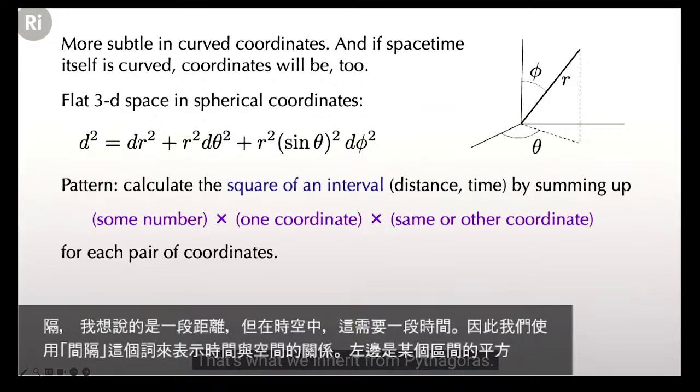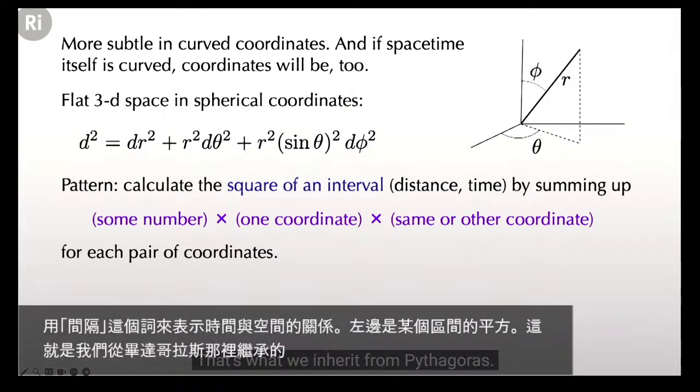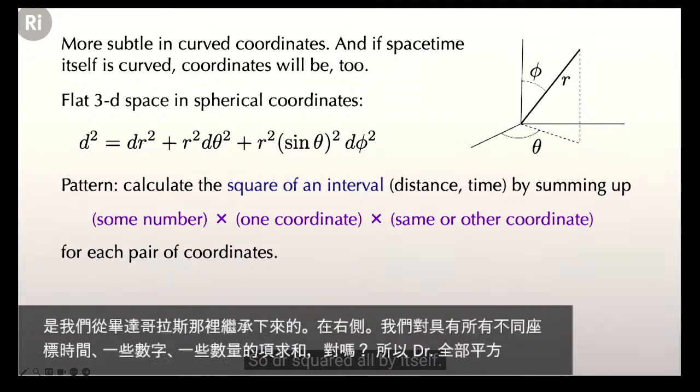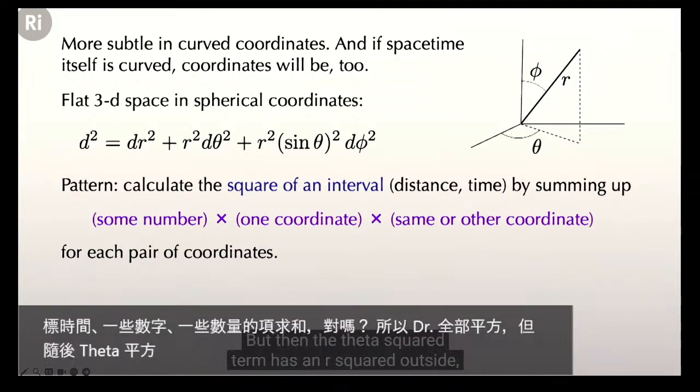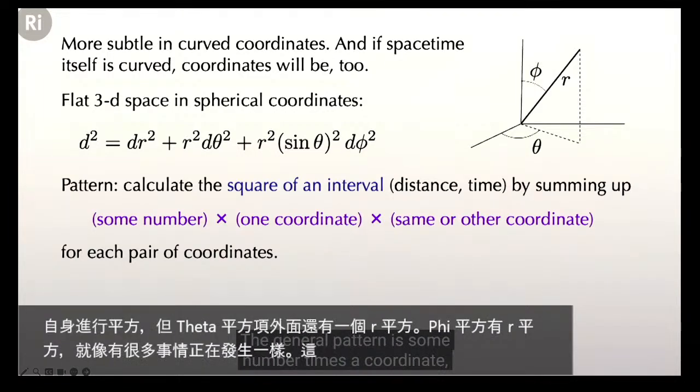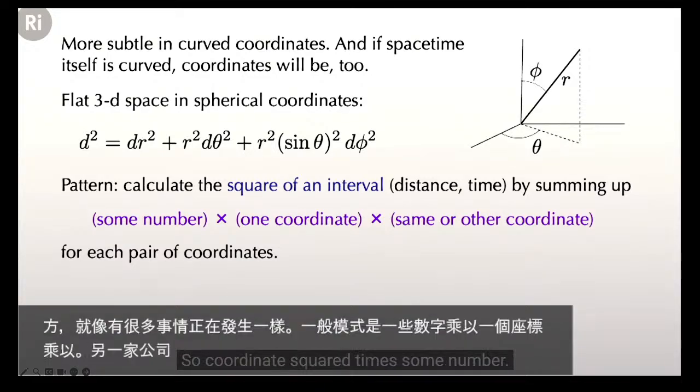That's what we inherit from Pythagoras. On the right, we have a sum of terms with all the different coordinates times some quantity. So dr squared all by itself, but then the theta squared term has an r squared outside, the phi squared has r squared, like there's a whole bunch of things going on. The general pattern is some number times a coordinate times the other coordinate. So coordinate squared times some number.